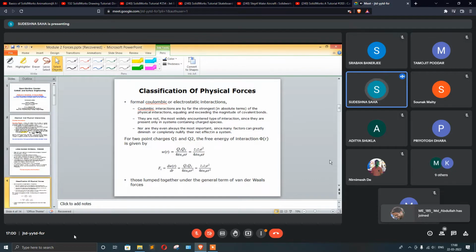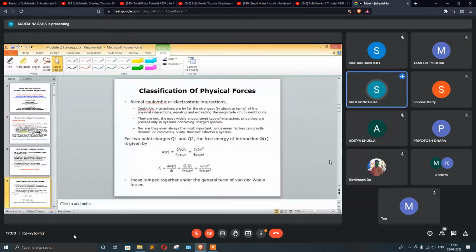If you consider the Coulombic interactions, they are by far the strongest in absolute terms of the physical interactions, and they are equal to and sometimes exceed the magnitude of the covalent bonds.